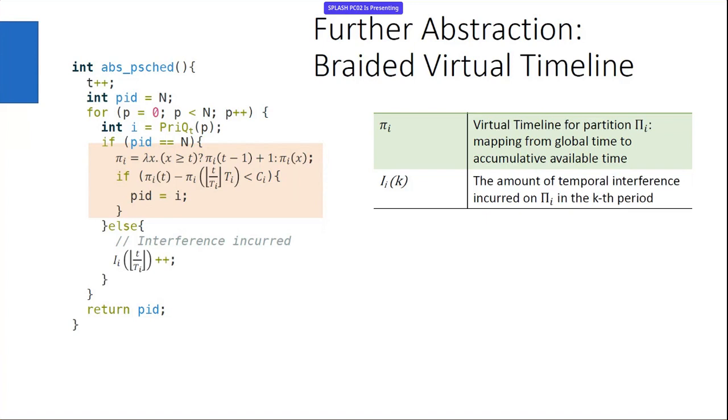This condition simply shows that if this partition still hasn't finished all of its budget, then you clearly need to run it once more. You assign this i to PID, and this is the PID that's going to run. Otherwise, it has already run enough, and you simply do nothing. And if a partition doesn't get chosen, it will update the interference vector, which is used in the proof.